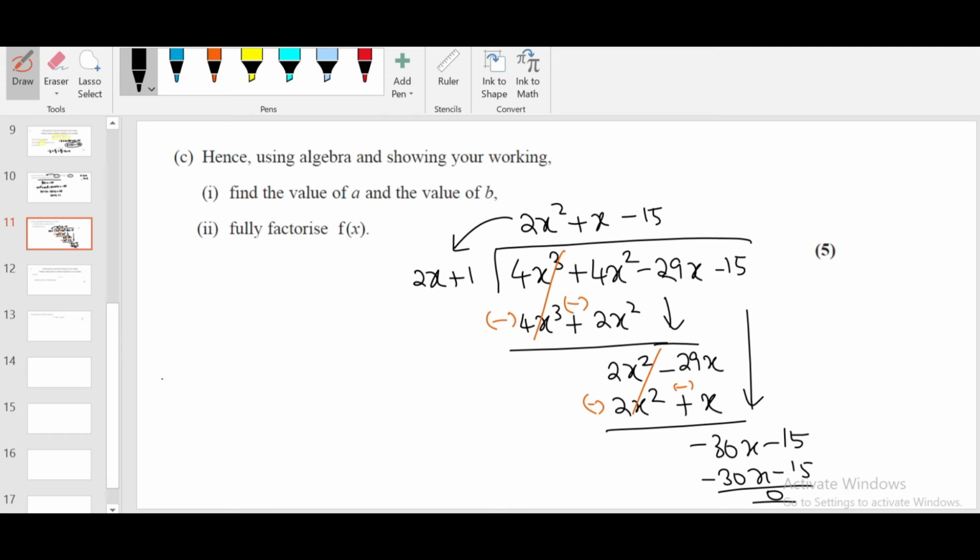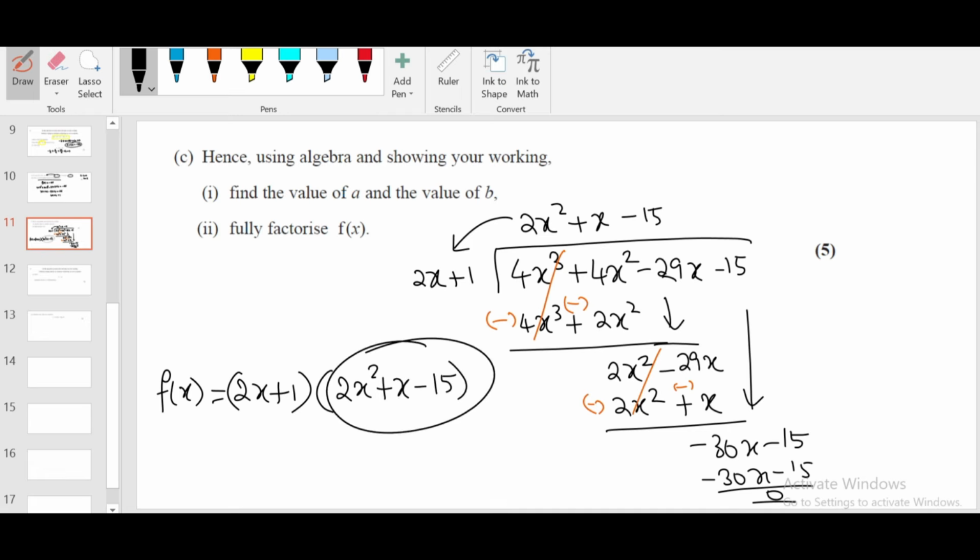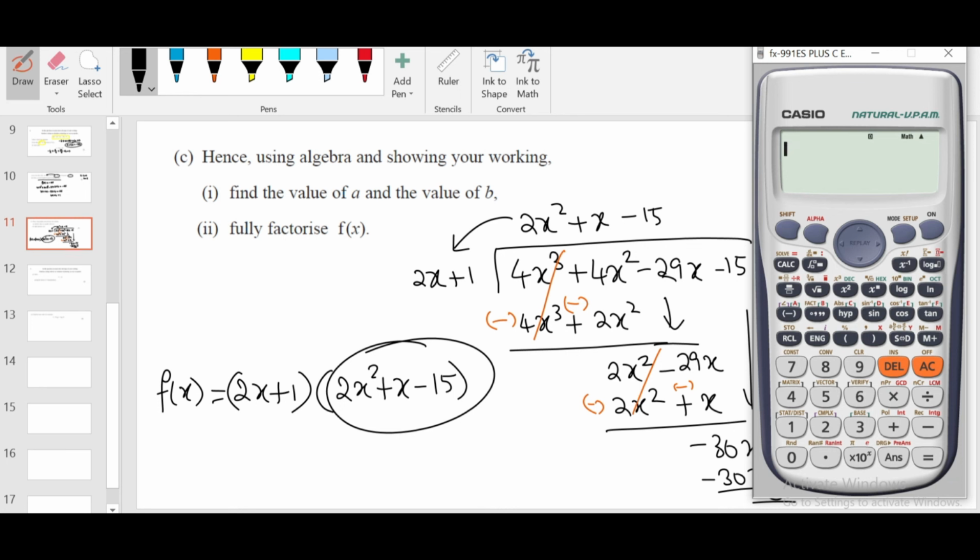So you can write the function f of x as divisor times the quotient, 2x square plus x minus 15. Now we have to factorize this. Use the calculator. Okay, go to equation number 3. 2, 1, negative 15. You'll get 5 over 2 and minus 3.